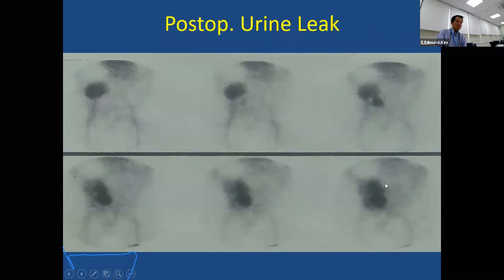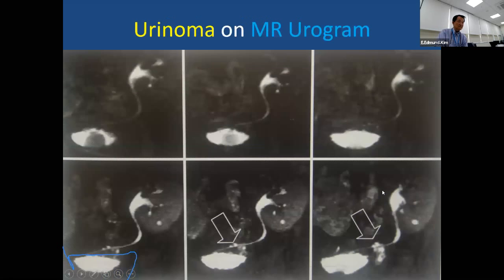And urine leak is still some problem because the connection is not well. So unexperienced, some surgeons make this problem. You can see activity leaking out, accumulated here. So certain delayed image is better to see the dispersed activity in the pelvis.